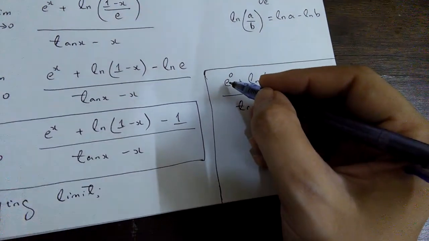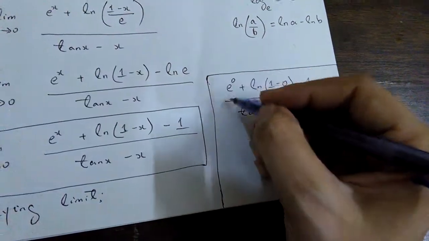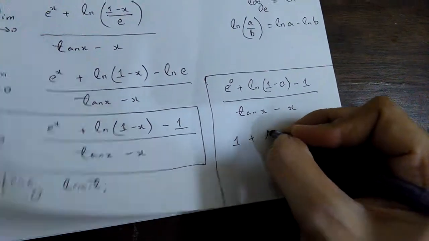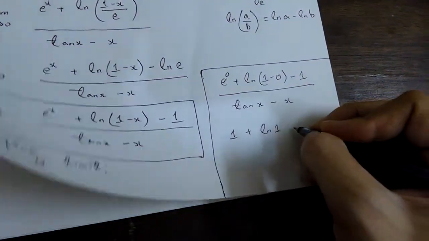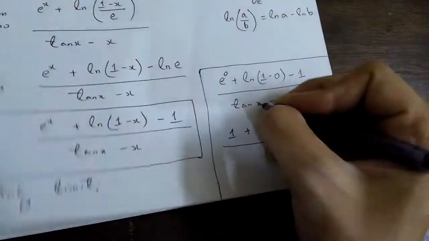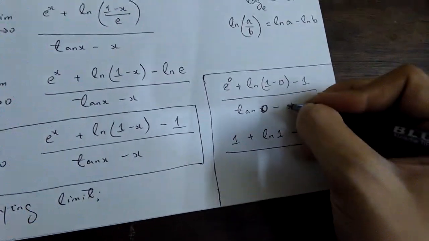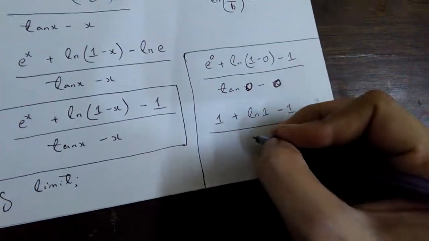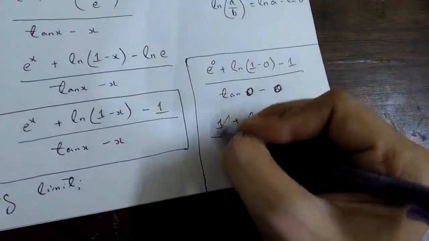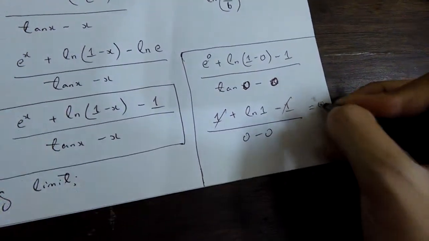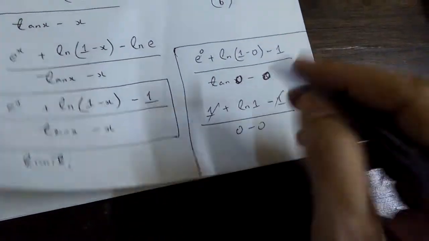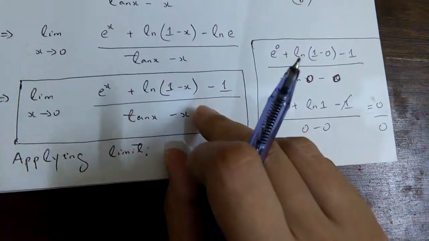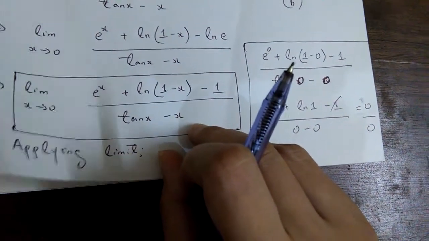No matter what base you have, if you have power 0, it becomes 1. So it's 1 plus ln of 1, which is 0, minus 1, upon tangent of 0, which is 0, minus 0. So you see, it's 0 upon 0. You have an indeterminate form if you apply the limit at this position. So what to do? We apply L'Hopital's rule now.